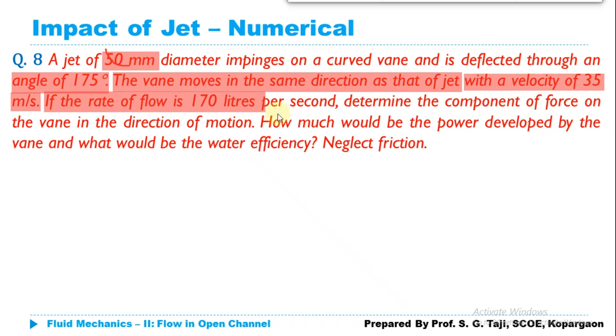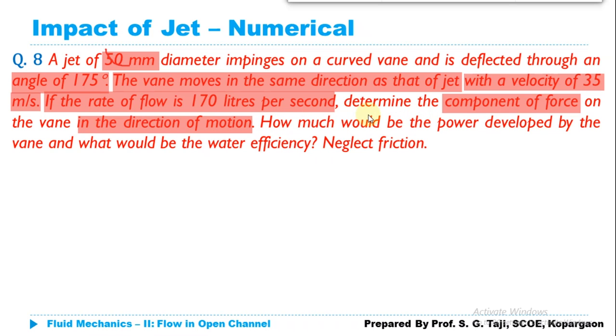The rate of flow is given, 170 liters per second. That means they haven't given velocity, they have given discharge here. So we need to calculate velocity by calculating the area of the jet. Determine the component of force on the vane in the direction of motion. So we need to calculate the component of force in the direction of motion. That means we need to calculate F_x.